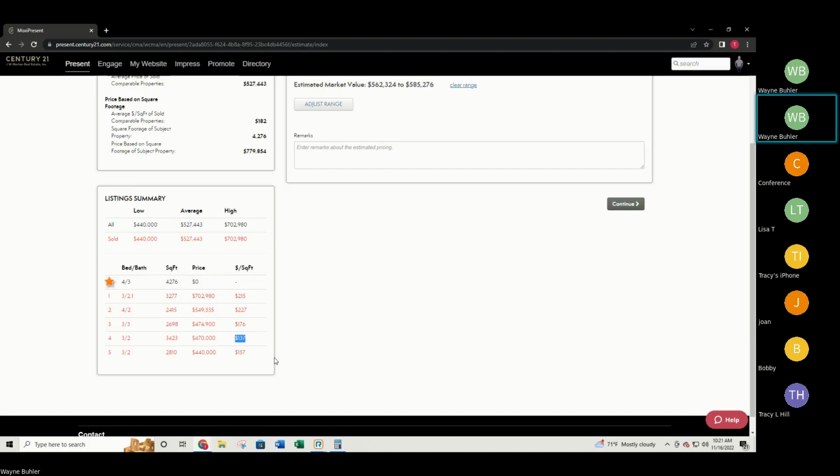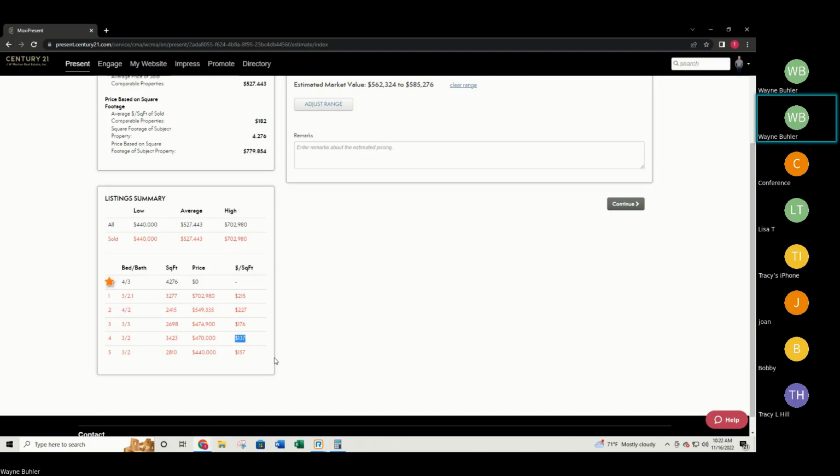But remember, I've got properties that are 5 acres, 9 acres, and ones that don't have a garage. If I'm just focusing on price per square foot, it doesn't factor all of that in, and that's where you want to be careful. If your comps are very similar, absolutely, that can be a good metric. But we used comps that were pretty different.